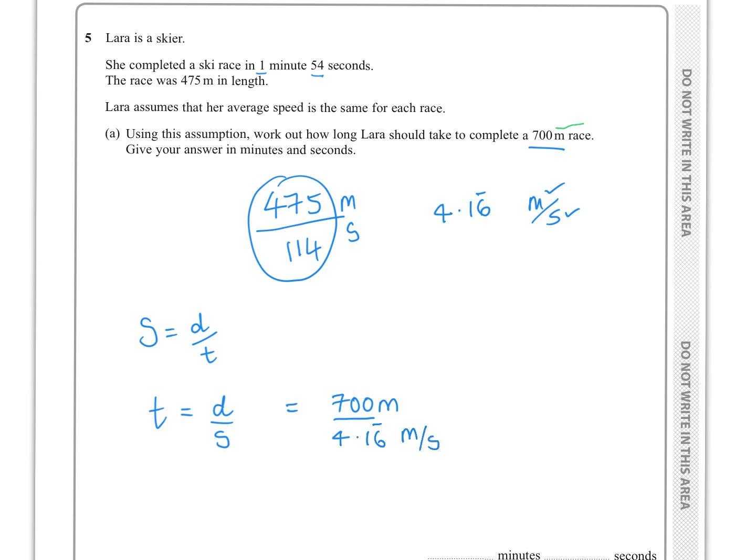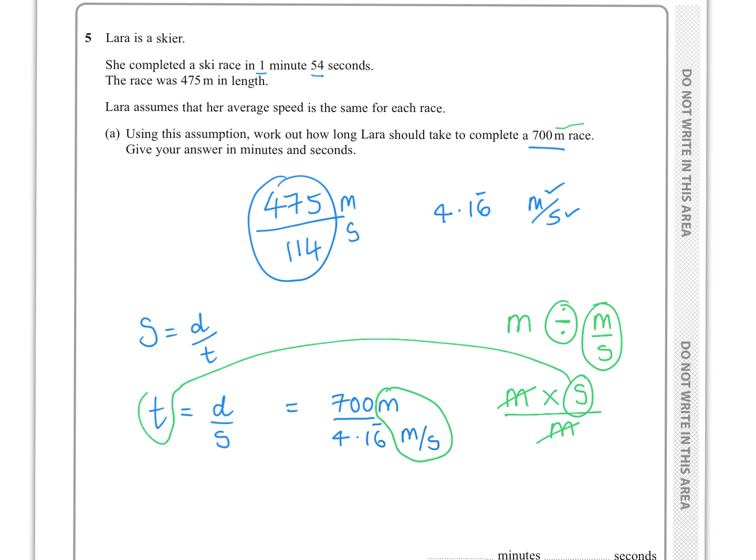One interesting thing to look at is, if you look at the dimensions here, we have metres divided by metres per second, which is the same as metres times seconds over metres. Because don't forget, if we want to times, we just change the sign and find the reciprocal. So we just end up with seconds, and that tells us that we were right to think in terms of time.